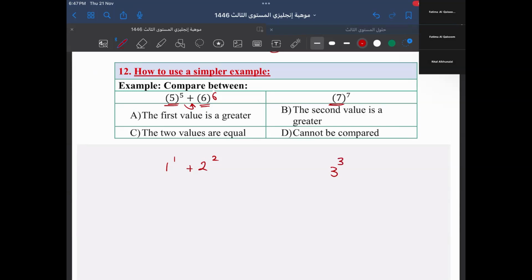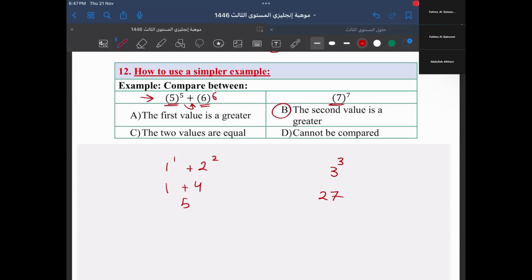It is the same pattern as in the question, but with simpler numbers that we don't need a calculator for. 1 to the power of 1 is 1, plus 2 to the power of 2, which is 4. So here it's going to be 5. And the second one, 3 cubed, is 27. So which one is bigger? The second value.